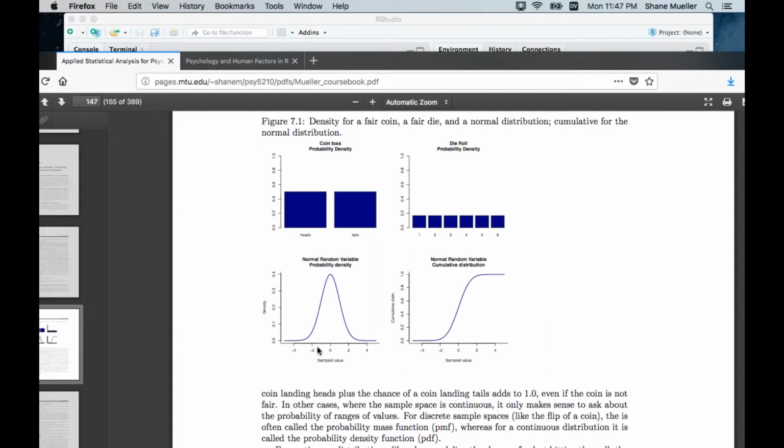Even though any particular value has probability zero, some areas can be more likely than others. For a continuous variable, you can only measure probability over ranges. So I can say zero is the most likely area, but the probability of exactly zero is actually zero. But the probability of it coming up between zero and positive infinity is 1/2.